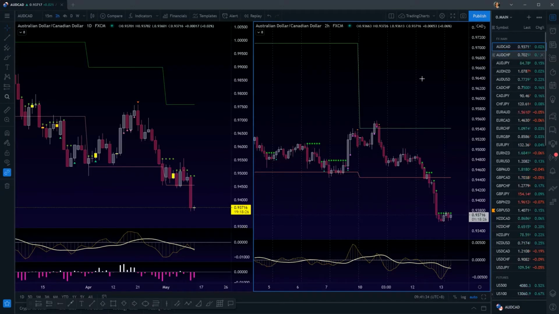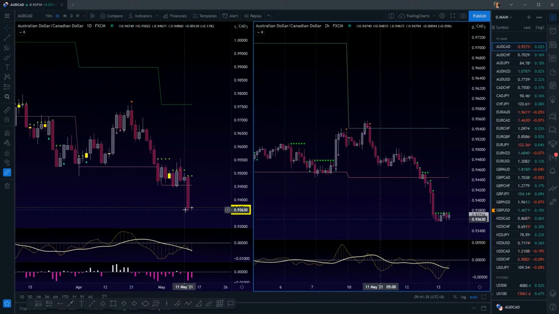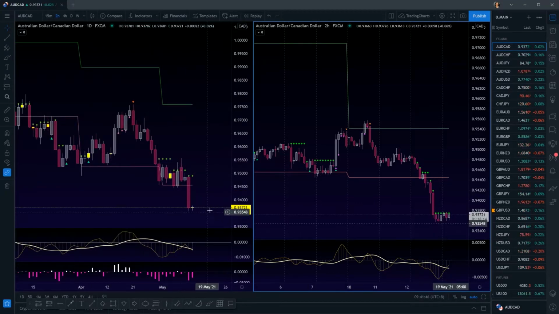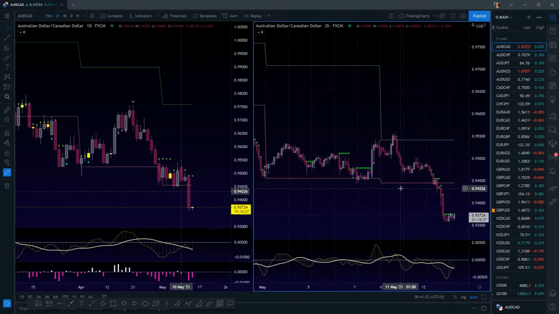Aussie Canadian dollar. We've got a wide range bar yesterday. This bar moved down, so it could be continuation to the downside. It could also mean some consolidation.